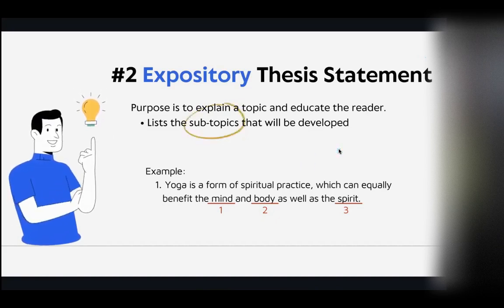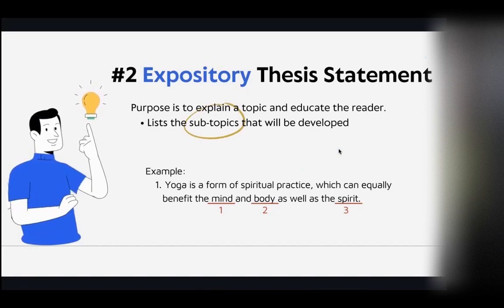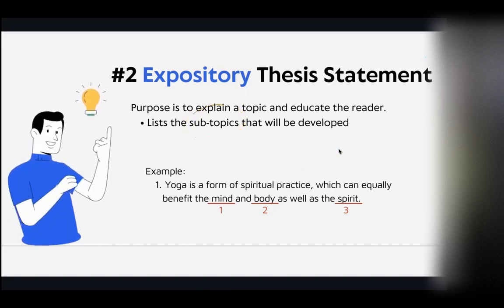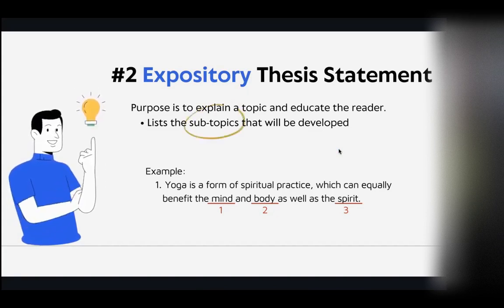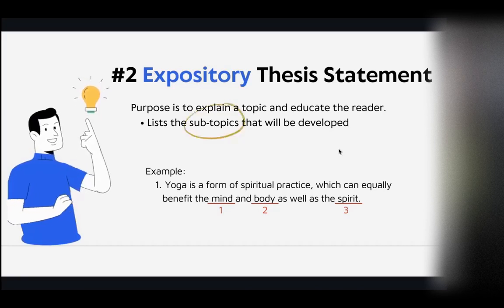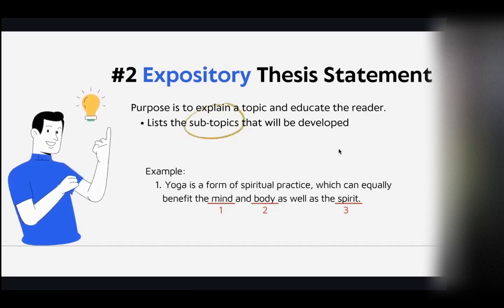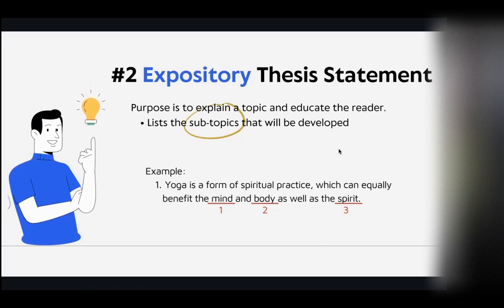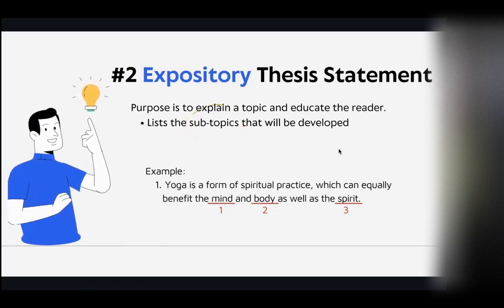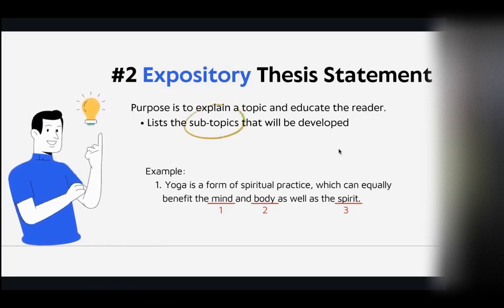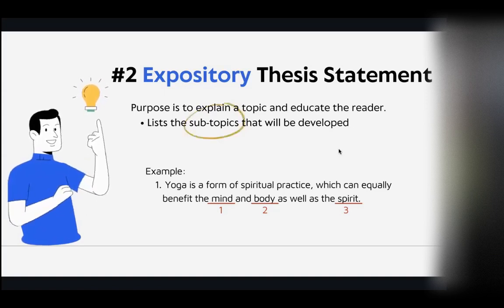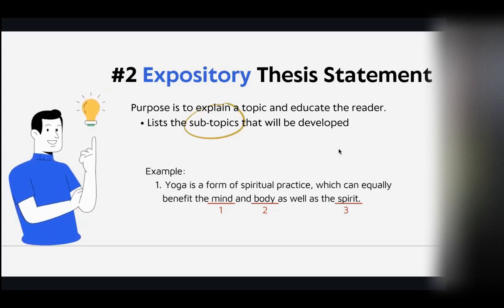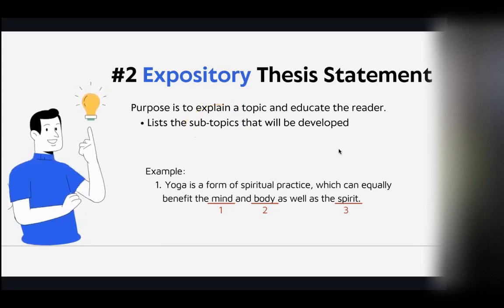So as you can see here, the paper will be talking about the mind, the body, and the spirit, and how yoga is beneficial to all three of those. And so the paragraph will be broken down like that. And if you compare it to the formula that we just talked about a few minutes ago, yoga is the A part. Yoga as a form of spiritual practice is the B part.